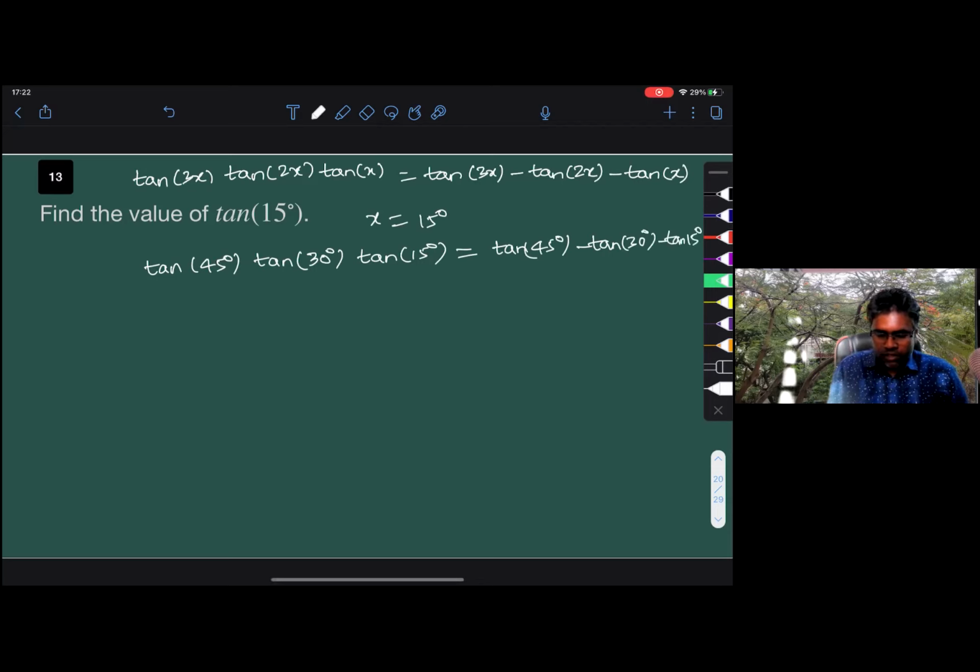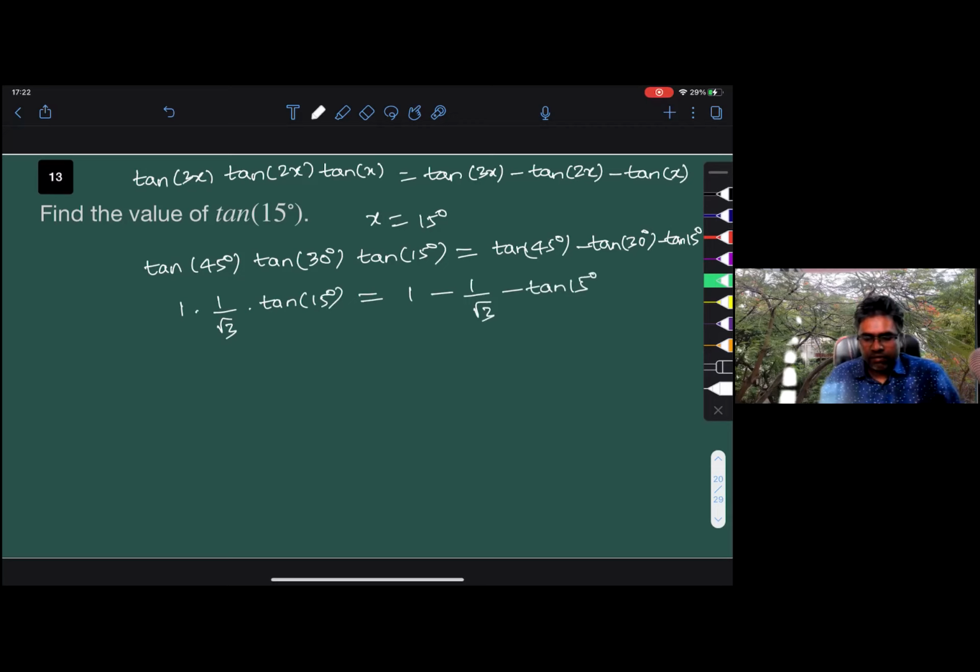You might be thinking this is too much. I know this is too much. We're just doing it. So tan 45 is 1. And then tan 30 is 1 over root 3. And then tan 15 is what we need to find. So right hand side 1 minus 1 by root 3 minus tan 15.